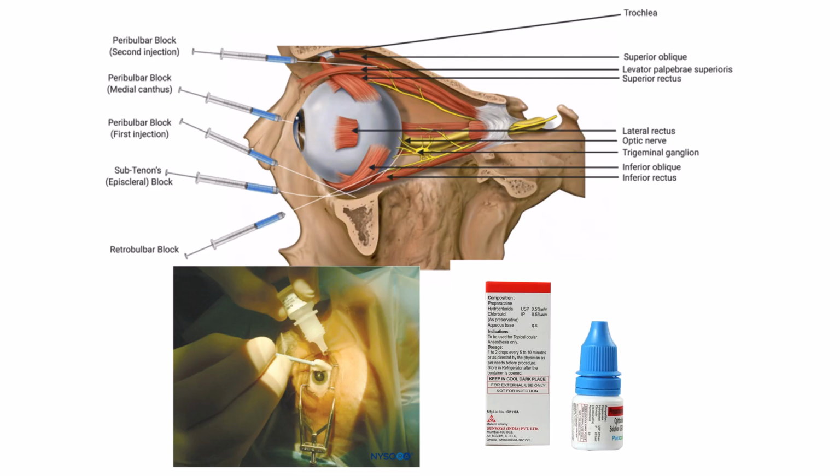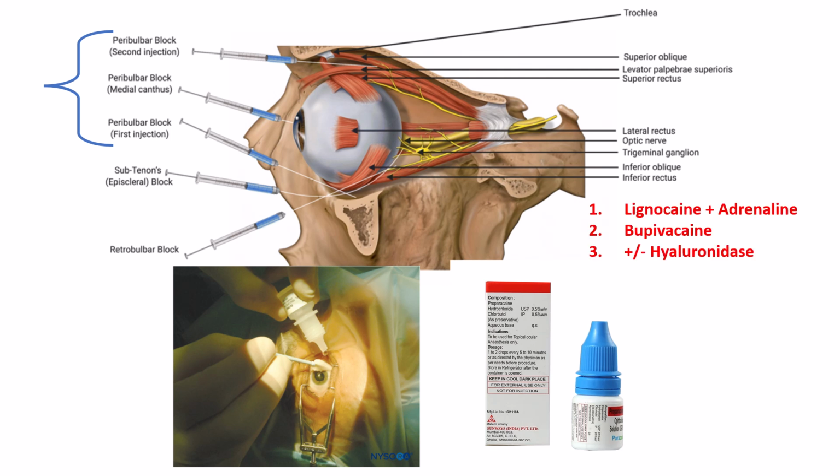Now, these are the various types of neural blocks that are given in cataract surgery. The first three are various positions of giving the peribulbar block. The peribulbar block is basically an injection of either of these three agents or a combination of these agents along the orbital wall and outside the muscle cone.